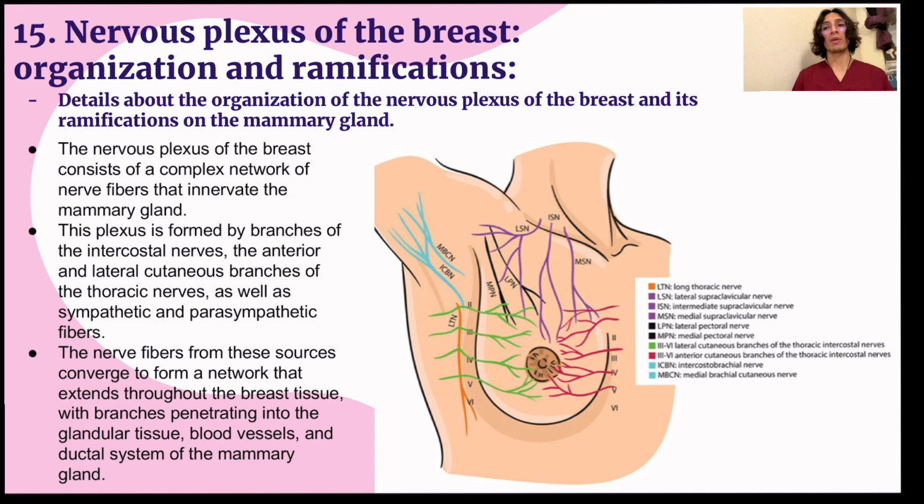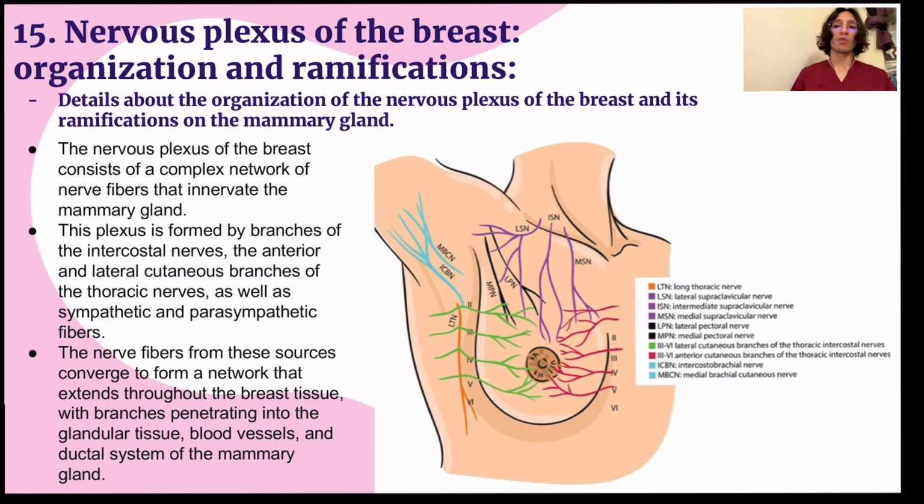Nervous plexus of the breast, organization and ramifications. Details about the organization of the nervous plexus of the breast and its ramifications in the mammary gland. The nervous plexus of the breast consists of a complex network of nerve fibers that innervate the mammary gland.